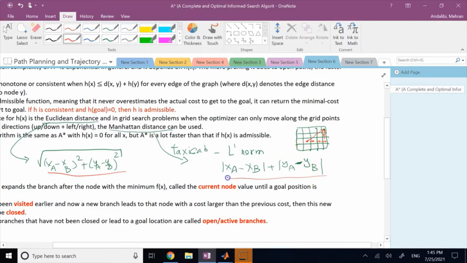So for many applications, this Manhattan distance, or L1 norm, is good. Euclidean, you call it the L2 norm. There are other norms for vectors that you can use. In general, if you have a vector A with n components and another vector B, what you need is to subtract each component in A from the corresponding one in B, take the absolute value, and then sum all of these absolute values together.